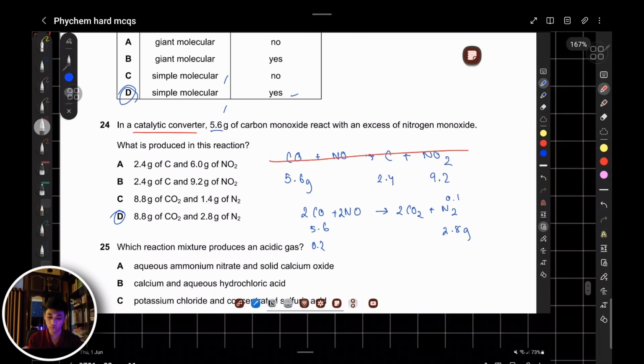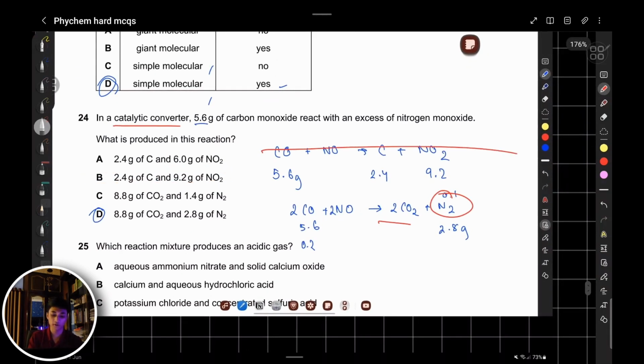Even if you're going to get the values, option B is not going to be the answer, because the purpose of a catalytic converter is not to produce carbon atoms and NO2. The purpose of catalytic converters is to produce CO2, carbon dioxide, and nitrogen gas, only nitrogen gas. So B would be wrong, A would be wrong.